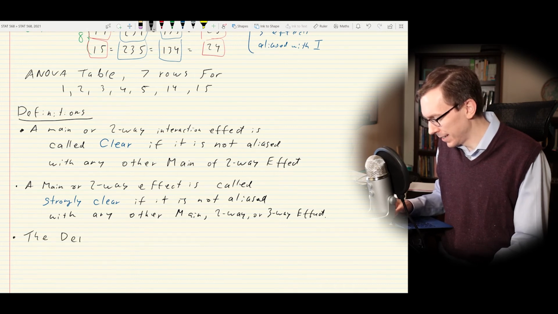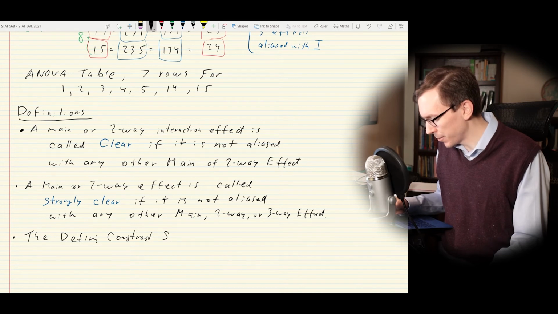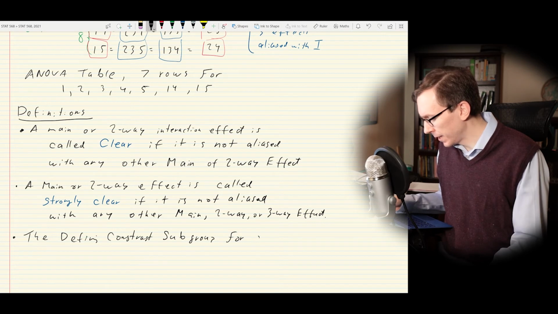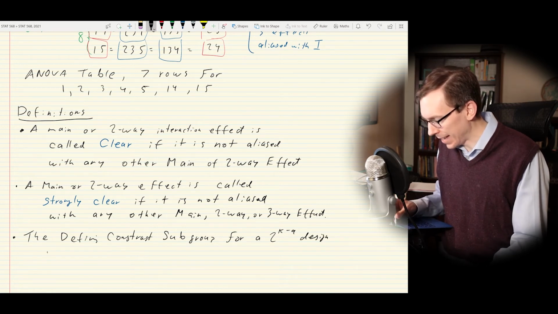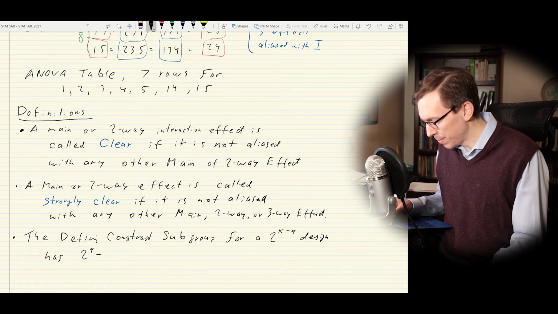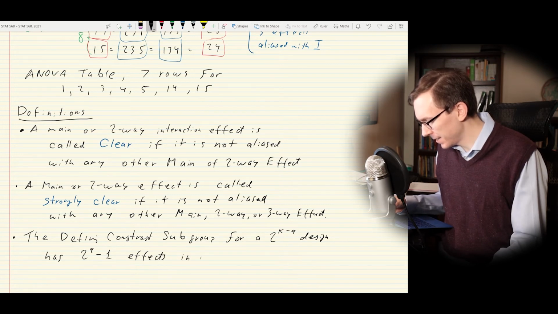The defining contrast subgroup for a 2 to the K minus Q design has 2 to the Q minus 1, we'll say, effects in it, plus 1 for the identity.